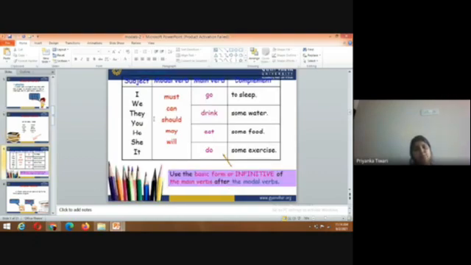The structure is subject, modal verb, main verb. I must, we must, they must, you must, he must, she must, it must. We can also say I can, we can, they can, you can, he can, she can, it can.